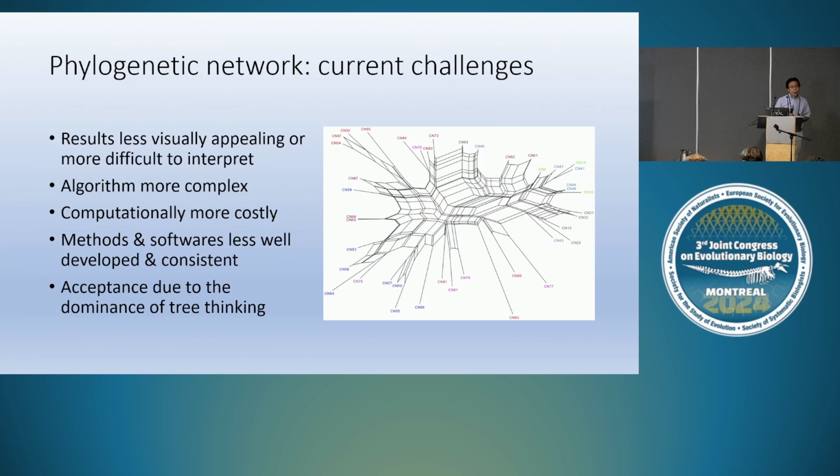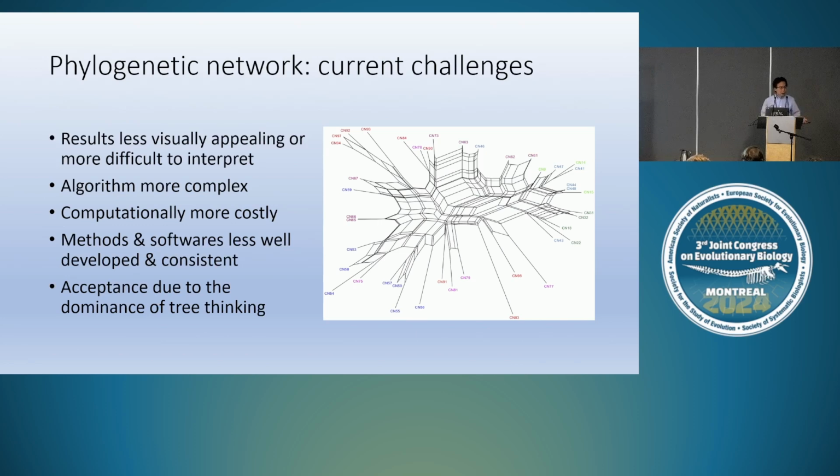And so far, there have been far fewer software tools or methods developed for phylogenetic network analysis compared to tree analysis. And of course, a major hurdle, I believe, is that right now in our community, we still think the phylogenetic tree should be the dominant method to use, and it has been accepted as the dominant method.